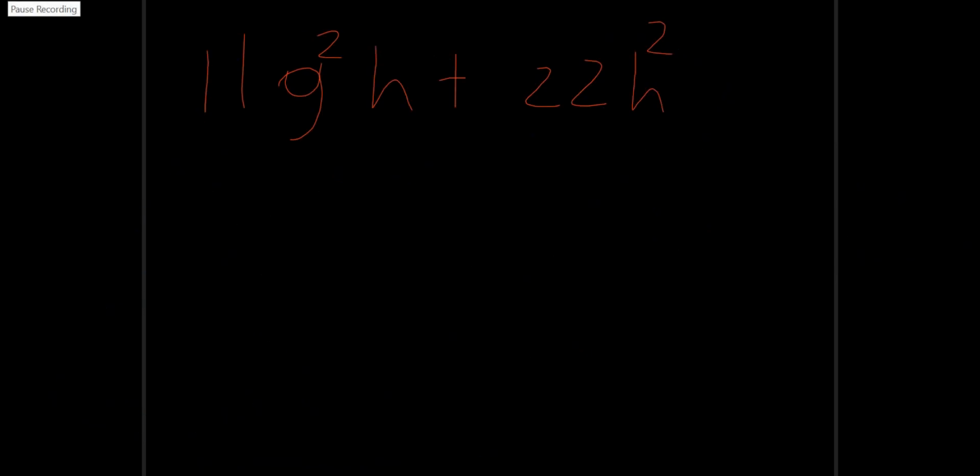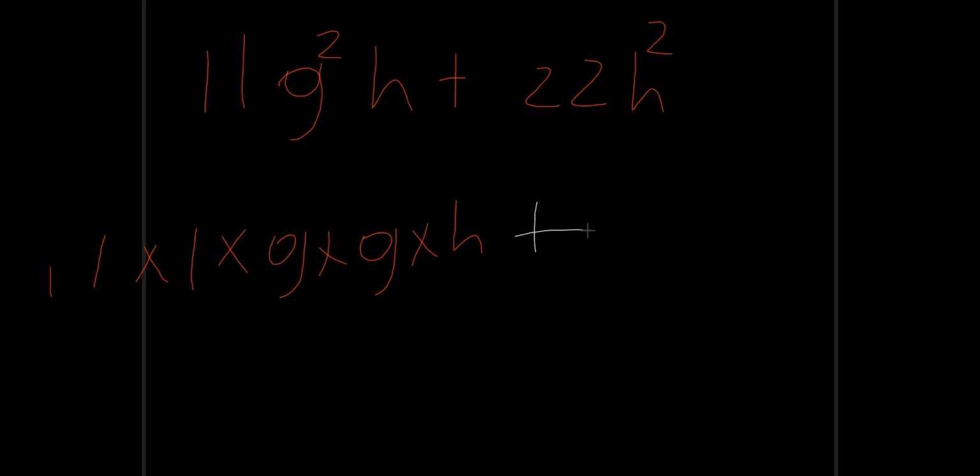So look at this one. Let's pull out what we can pull out. As I said, there is more than one way. So we could actually break this down in a very detailed way, like we say 11 times 1 times g times h times h. We could write the other as 2 times 11 times h times h.